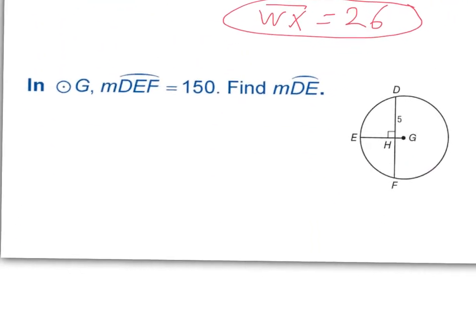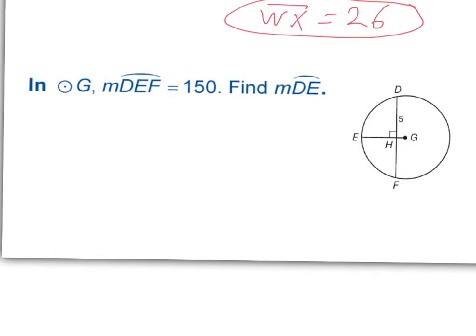We've got two chords, or one chord and a radius. Notice that the radius is perpendicular, and it says that DEF, this arc right here, is 150. We need to find arc DE, so this one. Notice that this chord is perpendicular to the radius, which means it's bisected, so that segment's equal, congruent to that.